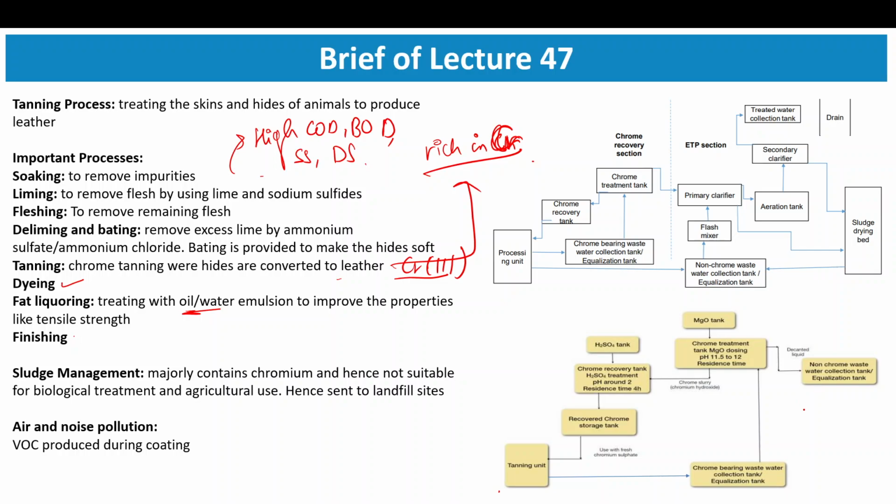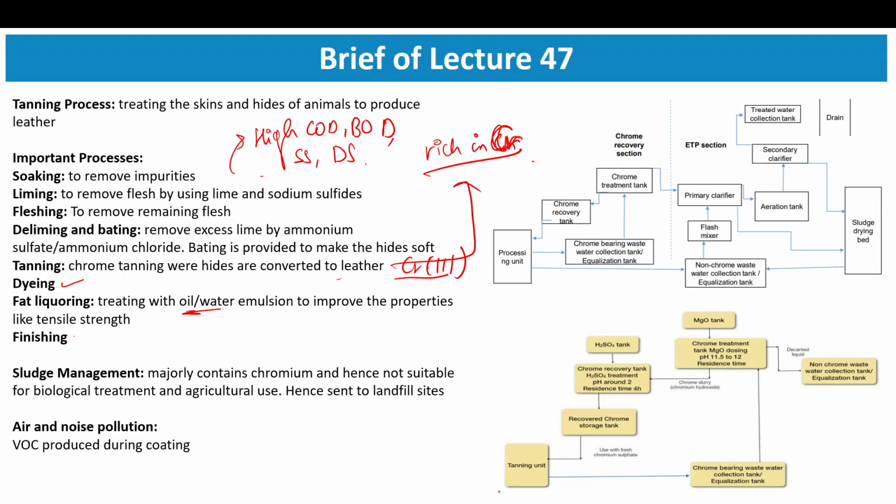Now the non-chrome wastewater might have other impurities as well, which will be sent to a normal ETP section, where primary treatment is provided first.